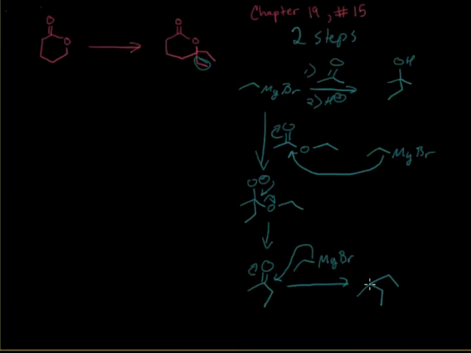And we've added on a second ethyl group, and this time we are stuck with the O minus, which we can then protonate in a workup step to get the alcohol.